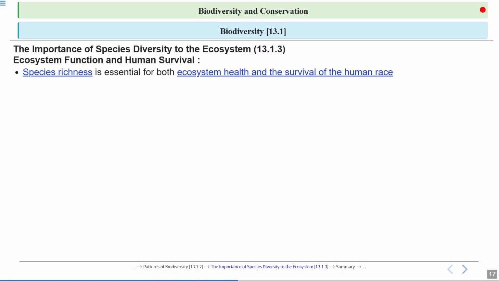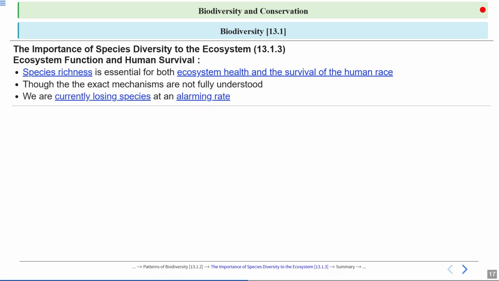Let's talk about ecosystem function and human survival. Species richness is essential for both ecosystem health and the survival of the human race as well. Even though scientists don't fully understand every detail about how biodiversity supports ecosystems, we do know it's crucial. It's important to realize that we are currently losing species at an alarming rate.